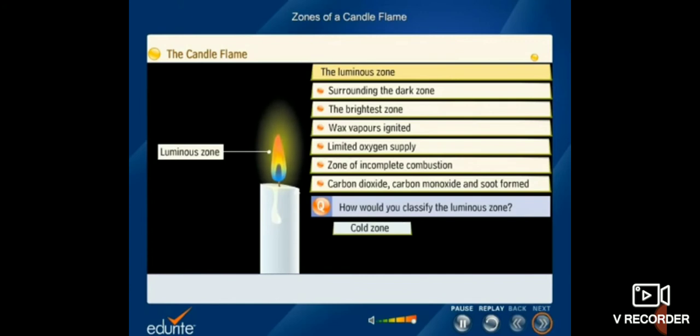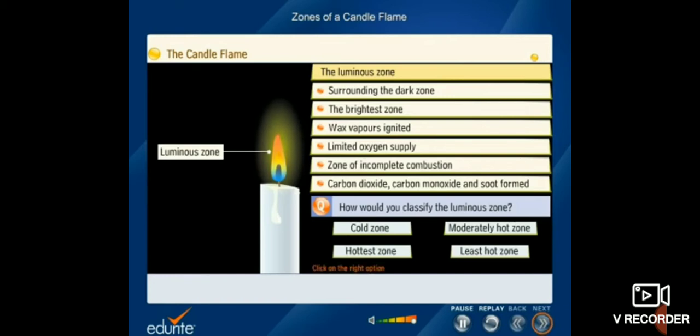Cold zone, moderately hot zone, hottest zone, least hot zone. Yes, this is a moderately hot zone.